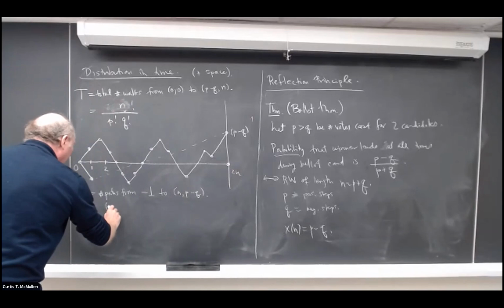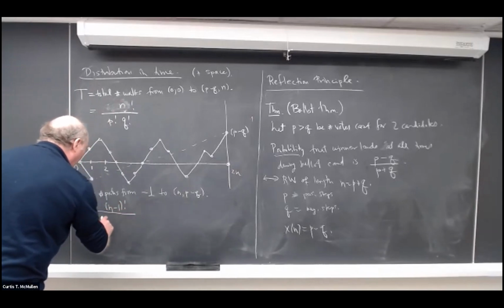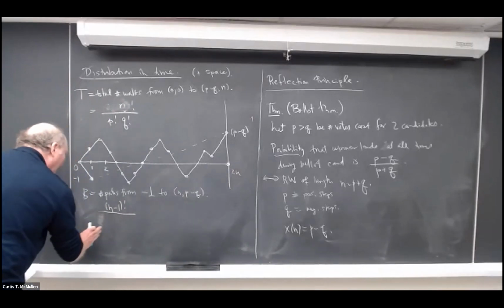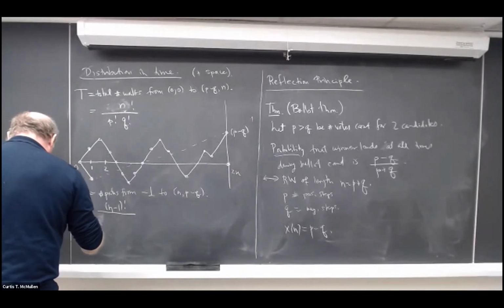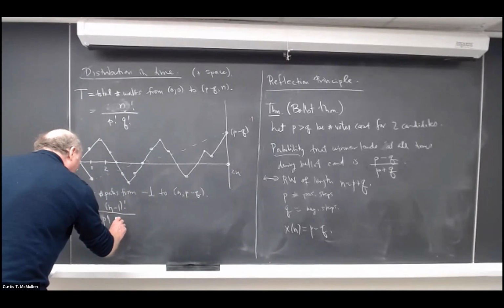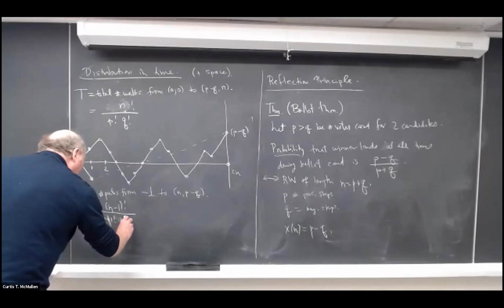So we started here, so we have n minus 1 further steps to take, and now we have to move positively p plus 1 times and negatively q times.